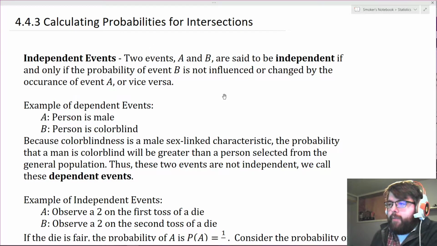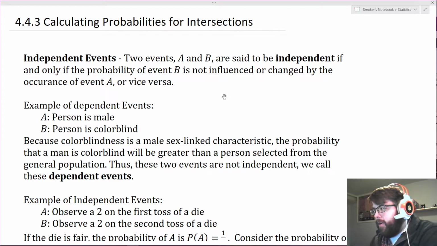So A and B are independent if the outcome of A does not affect the outcome of B at all, and if the outcome of B does not affect the outcome of A at all. That is different from mutually exclusive, where there are no outcomes in common.